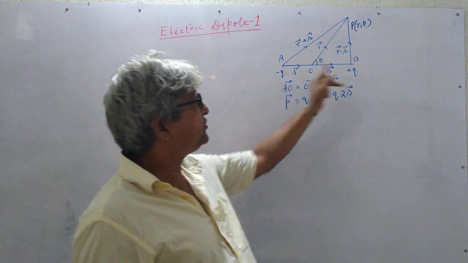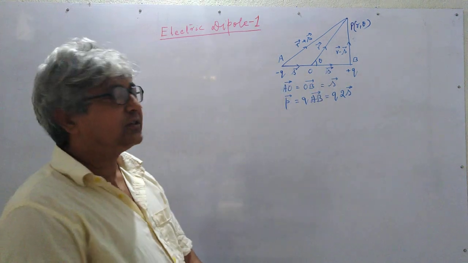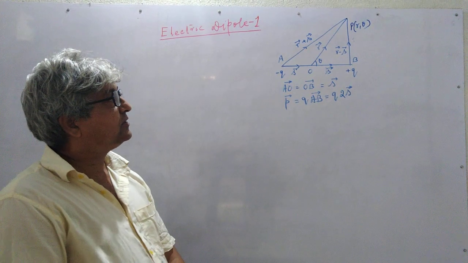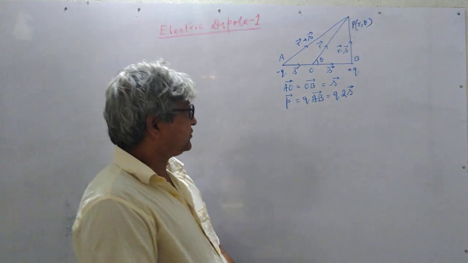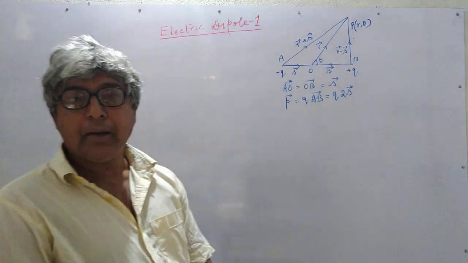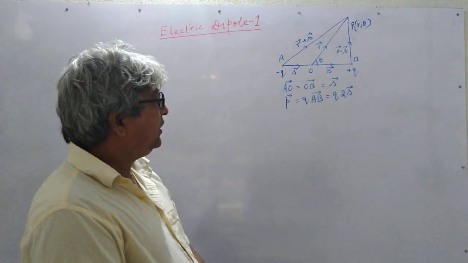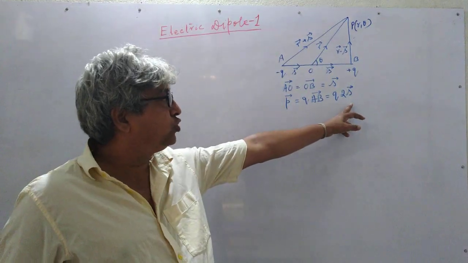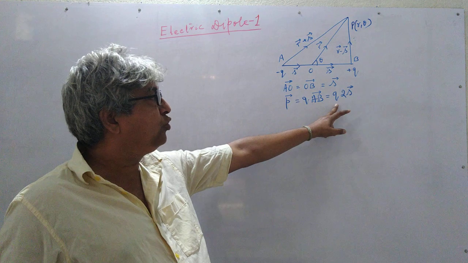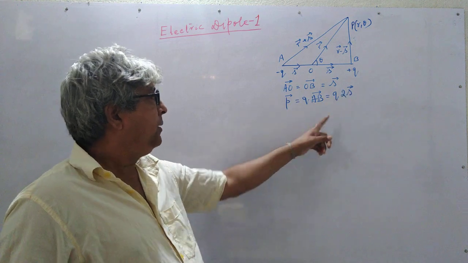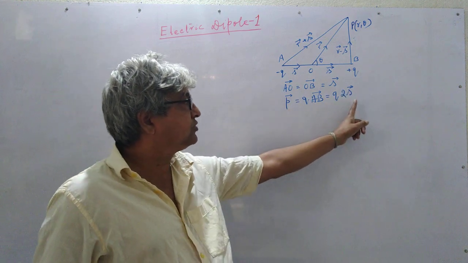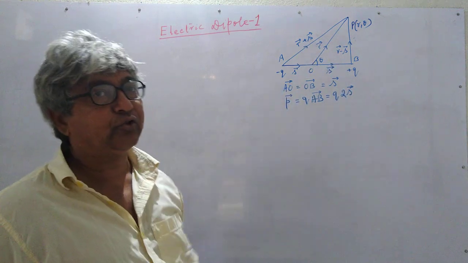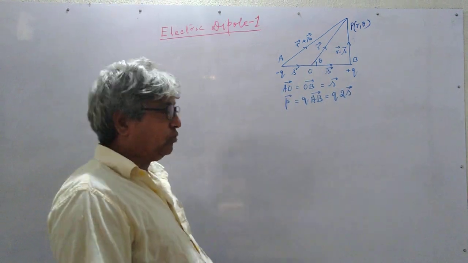That is, the separation between the two charges is small compared to the distances involved in the discussion. And for a point dipole or an ideal dipole, 2s goes to 0. At the same time, q increases, so that the product p, equal to q times the charge separation, is a finite quantity. This is called a point dipole.